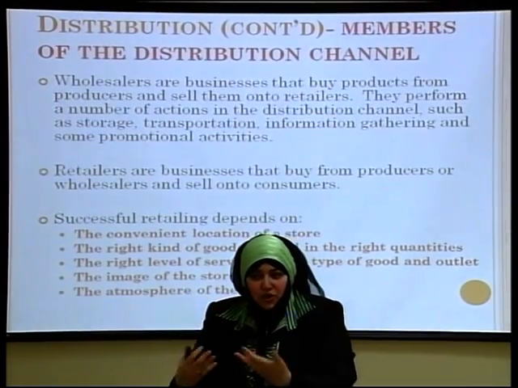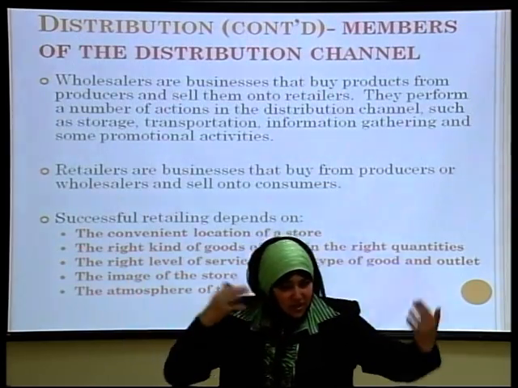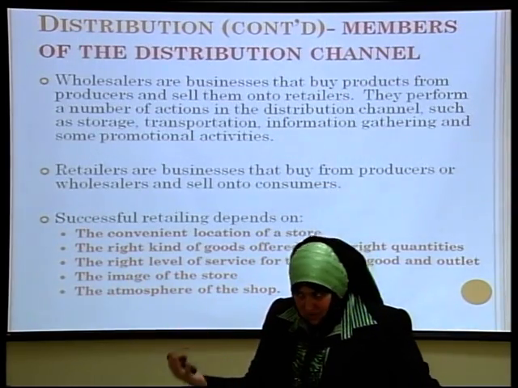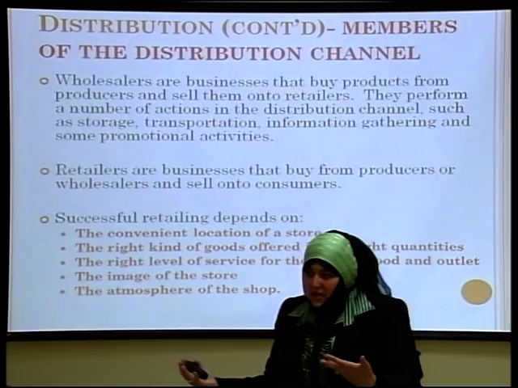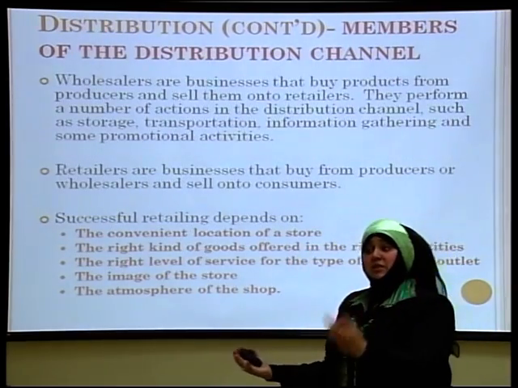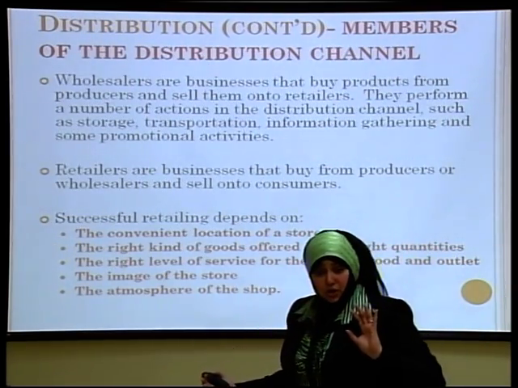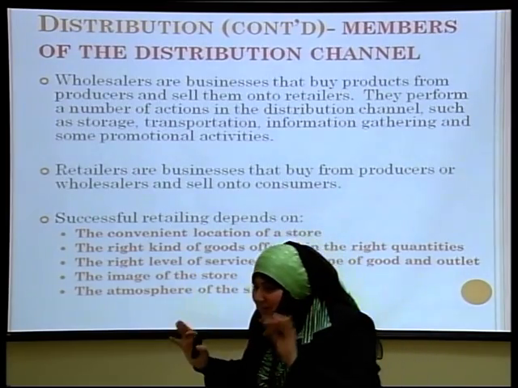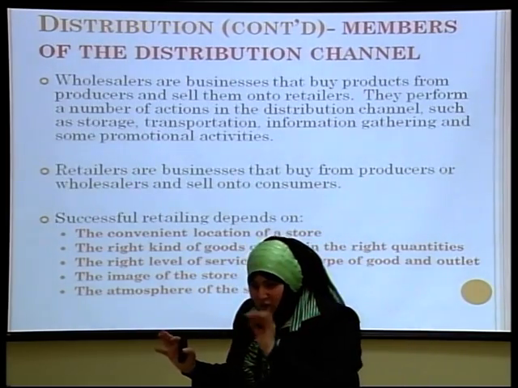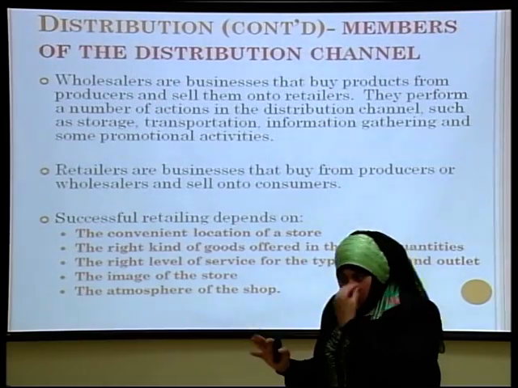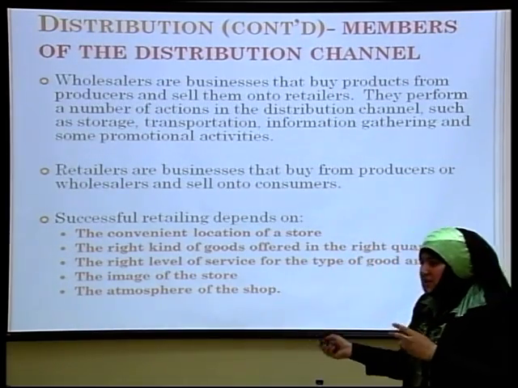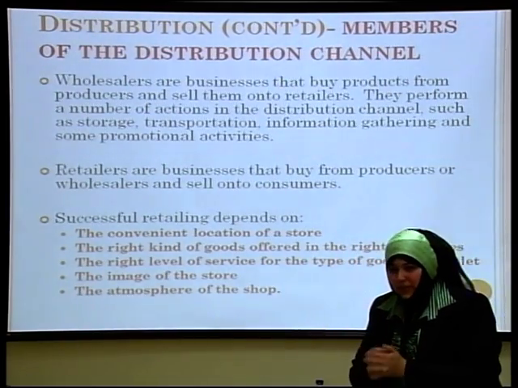People feel comfortable when they go there and take tours inside the place. You understand this? So you as a marketer, if you decided on having a retailer in your distribution channel, then select this retailer wisely, keeping in your mind all these conditions or criteria. Okay? Easy? Okay.